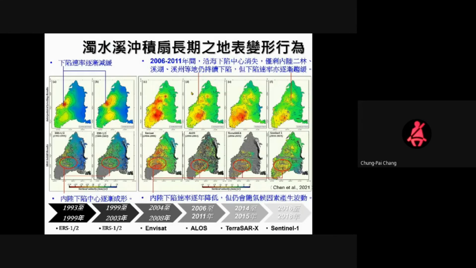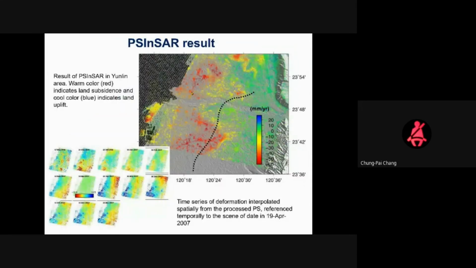We know subsidence has occurred in this area for a long time, so many different kinds of measurement have been applied for this area for more than, I think, 30 years. But right now we have more detailed results, and we can compare with different measurements, and we find something interesting in this area.